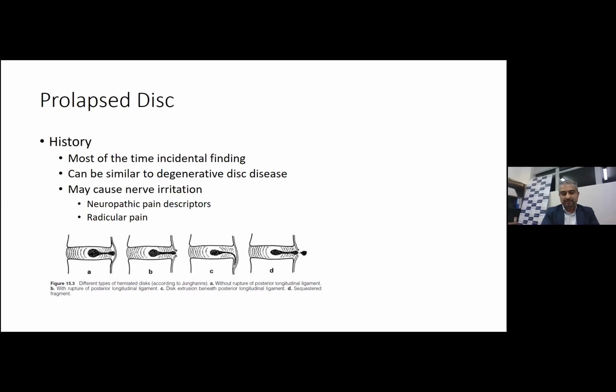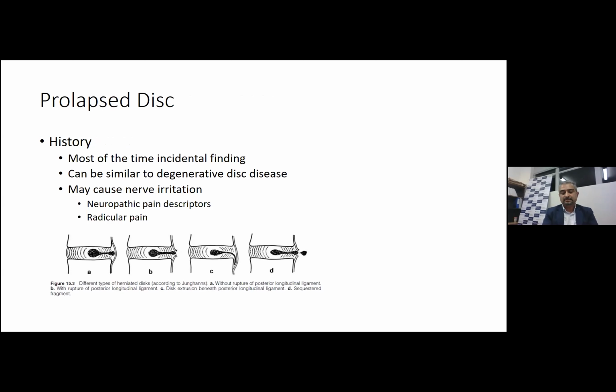Following from degenerative disc disease comes disc prolapse. In fact, it's very common. If we all go and get an MRI right now, I can guarantee that all of us would have some disc bulge somewhere in our lumbar spine. So it's pretty much an incidental finding.